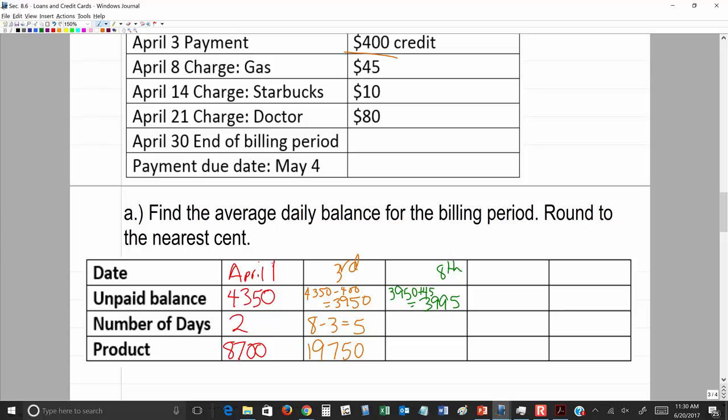And that lasts until the 14th. So 14 minus 8 equals 6. Then you multiply $39.95 times 6, which gives you $23,970.